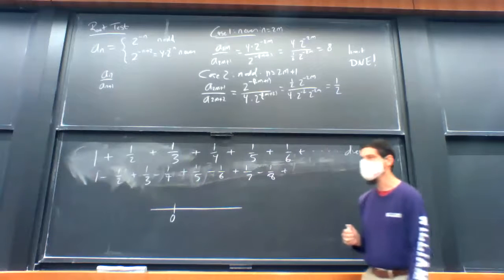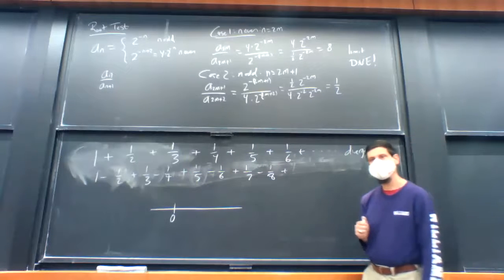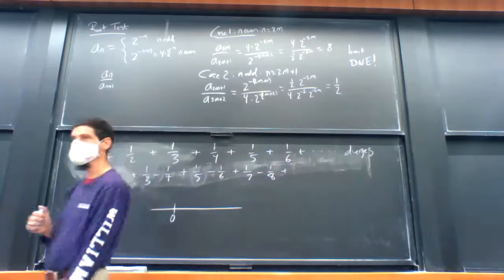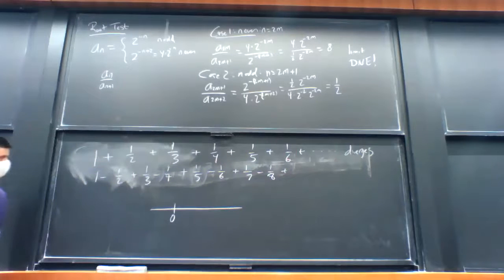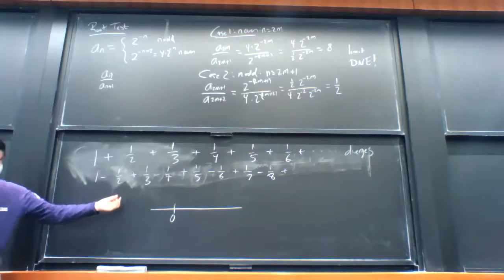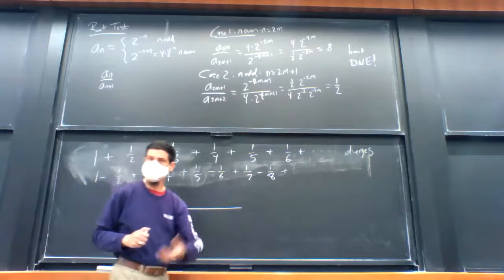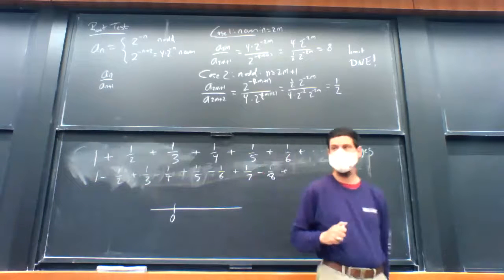First of all, do you think it's positive or negative? Positive. Why is it positive? We start with 1, right? And then the next term is smaller. And then 1/3 is bigger than a fourth. 1/5 is bigger than a sixth. So this is going to be greater than 0.